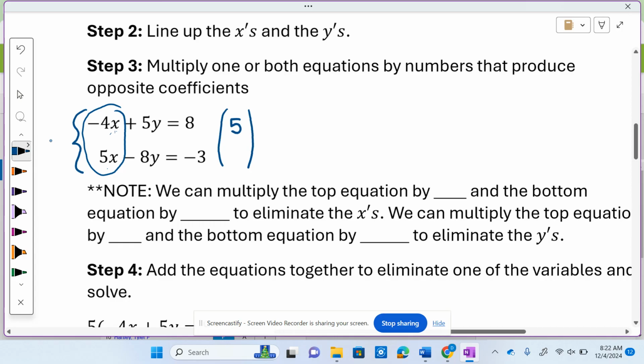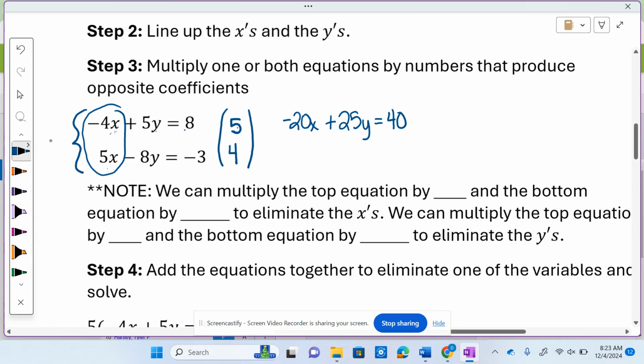So if I multiply by a 5 in the top equation and a 4 in the bottom equation, what am I going to end up with? Well, let's see. 5 times -4 is -20x. 5 times 5 is 25, so that gives me 25y. And 5 times 8 is 40.